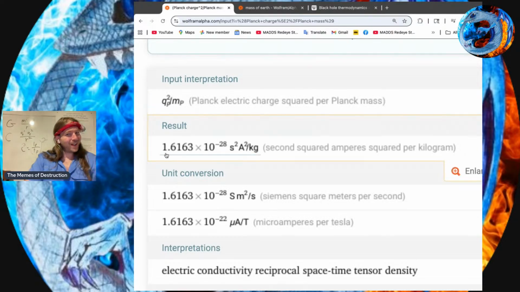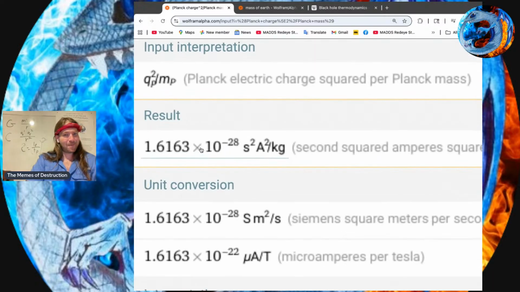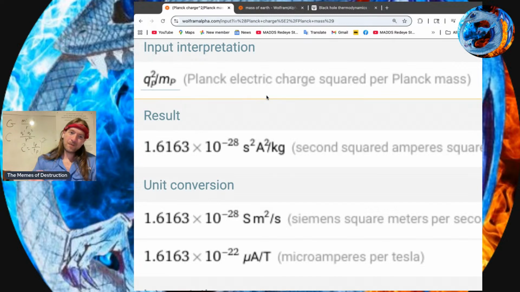Long story short, if you notice this here, this is kind of the dead giveaway. You see these digits. You see this power. These are the digits of the Planck length. This is 10 to the negative 28. Now, the Planck length is of magnitude 10 to the minus 35.